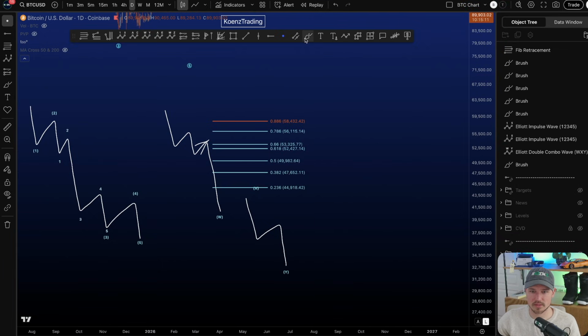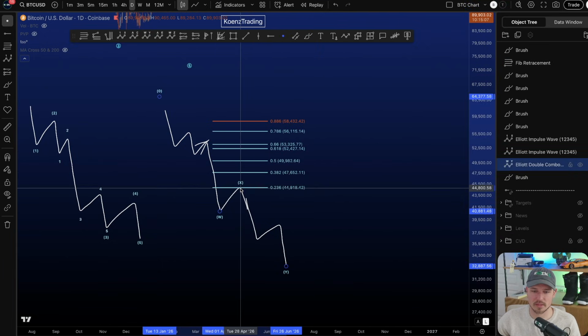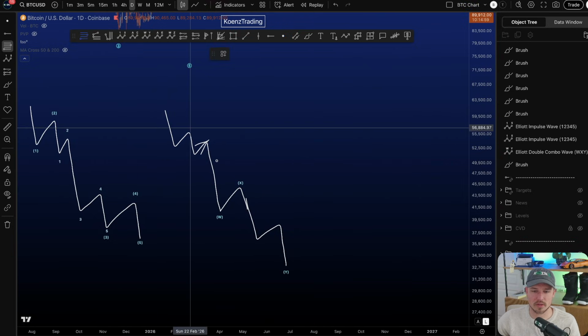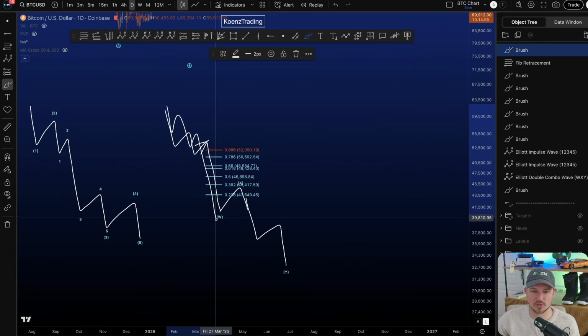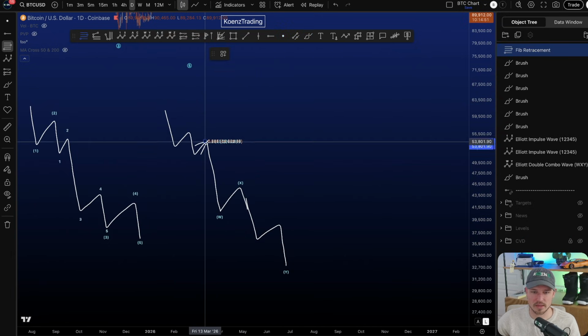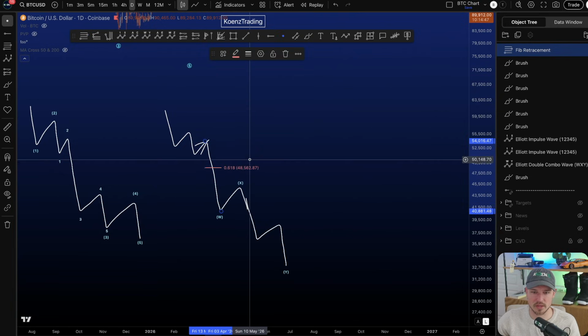So in that case, I would have to do like this and then that. And that's your X. So basically, wave X doesn't invalidate the impulse. That's the main thing. So if I would consider an impulse here, in a 1, 2, 1, 2, 3, 4, 5, 4, 5, then what I'll do to invalidate a wave 4 is take from the start to the end of 3, toggle on the 6, 1, 8 here.